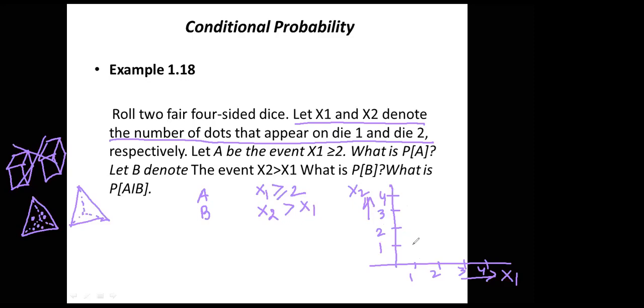So how many combinations can we have? 16 combinations. That means 1,1; 1,2; 1,3; 1,4; 2,1; 2,2; 2,3; 2,4; 3,1; 3,2; 3,3; 3,4; 4,1; 4,2; 4,3; 4,4.